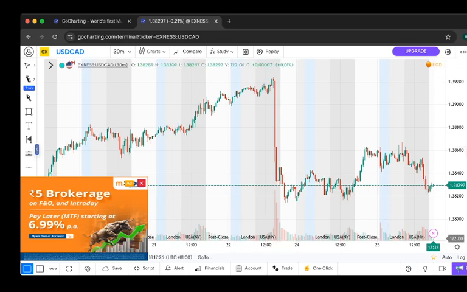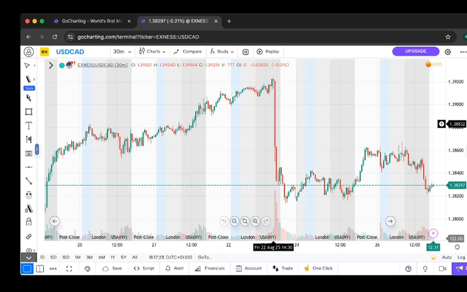Next, you have to identify the base. Before a strong move, price usually pauses or moves in a small range. That small range, that base, is where you identify your zone, either a supply or a demand zone.